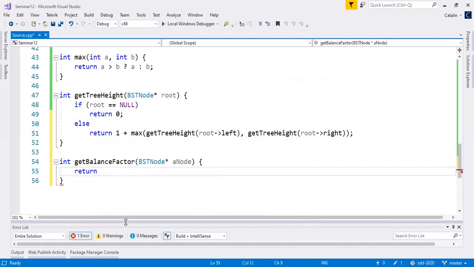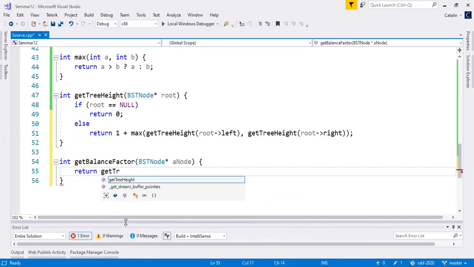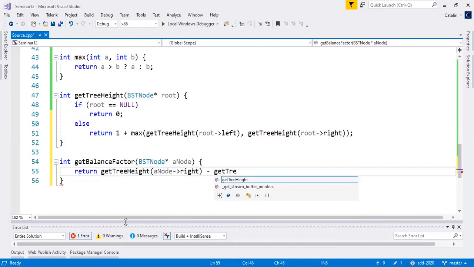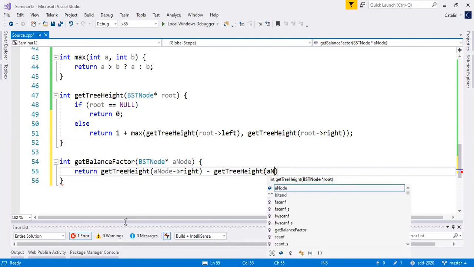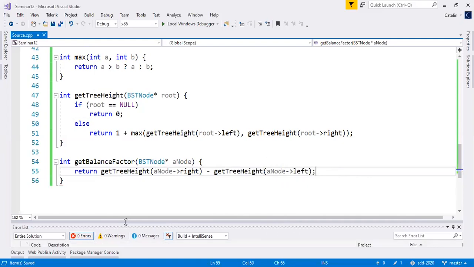So you can choose the direction. So here I will do what? Return get tree height of the right side minus get tree height of the left side. Okay, so this is the balance factor for any node.